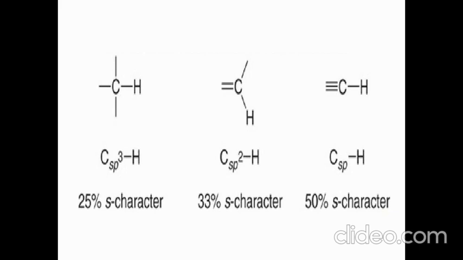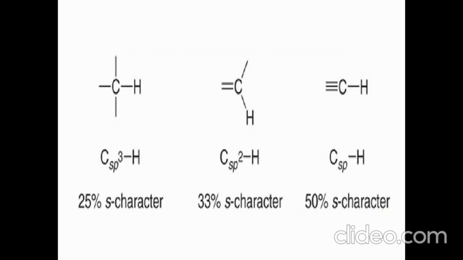When the carbon is doubly bonded, then carbon is considered sp2 hybridized, and the percentage of S character is 33%. And when the carbon has a triple bond, then that carbon's hybridization is sp, and the percentage of S character is 50%.